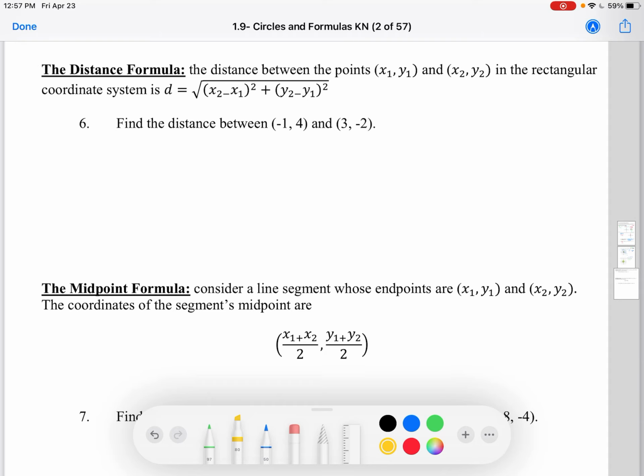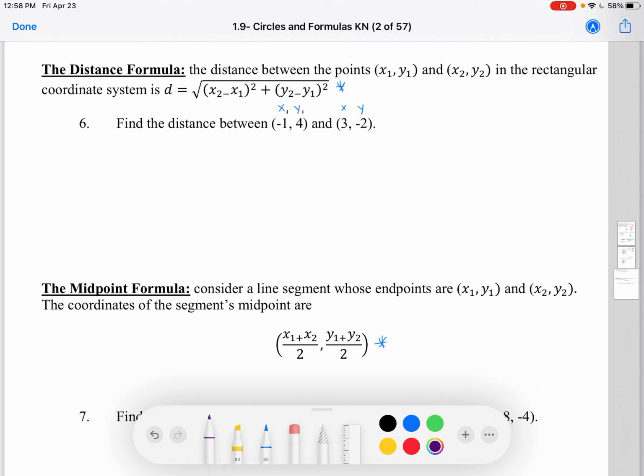Now, as a quick review, the circle also uses the distance formula as well as the midpoint formula. Just as a reference, you have the distance formula here and the midpoint formula there. It's just a matter of plugging in the values that we give you. When I give you coordinates, I always give you X and Y. If you struggle with figuring out which one's X1 and which one's X2, I always like to think of it as if it's the first point that shows up, and for example, -1, 4 is the first point that showed up, then those are going to get the 1s.